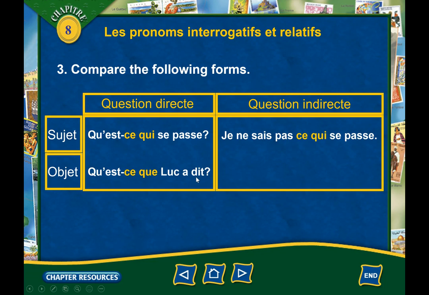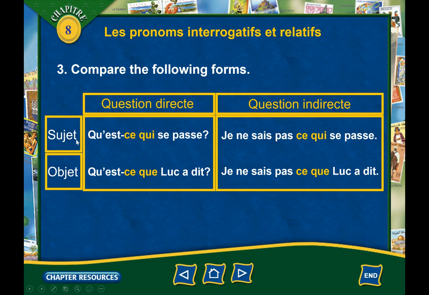What did Luc say? Versus an indirect question, je ne sais pas ce que Luc a dit. I don't know what Luc said. All right? Just two different ways, really, to express the same idea when you're asking what is happening, or you could say, I don't know what is happening. They're both kind of questions, like they're both saying you don't know what's happening.